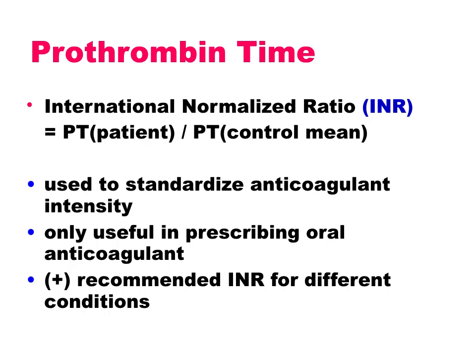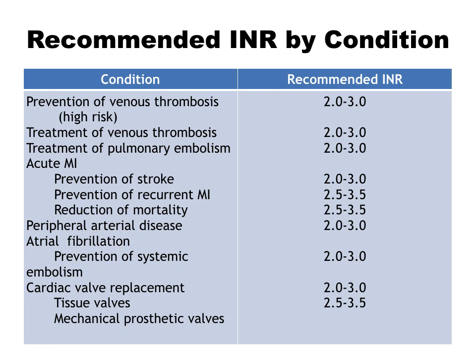So you make use of this to weigh whether you're going to add more or decrease your oral anticoagulant being given to your patient, and there are recommended INRs for the different conditions, as we can see in this table.